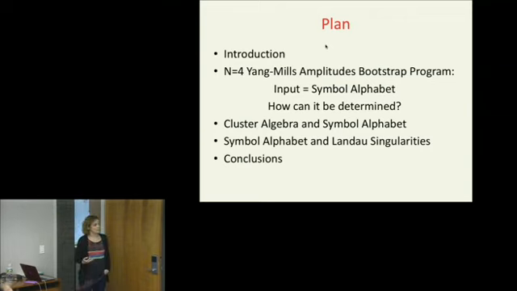One of the inputs in that program is something called the symbol alphabet, and I'm going to explain what that is. One then uses various physical and mathematical properties to determine those amplitudes. And the question will be, how could this input be determined?